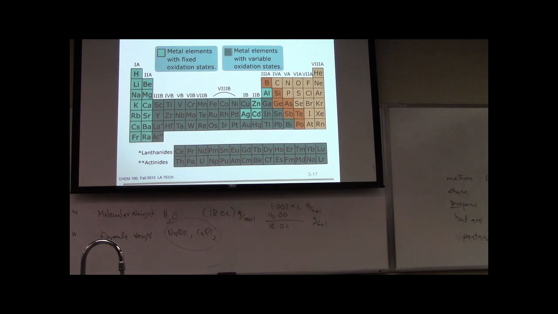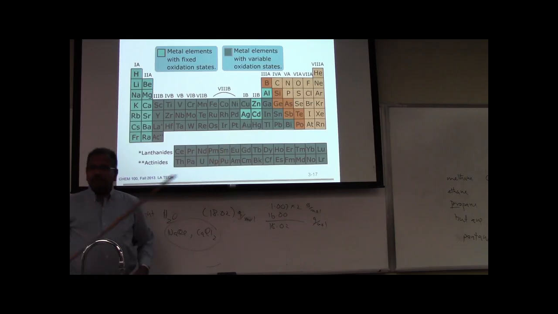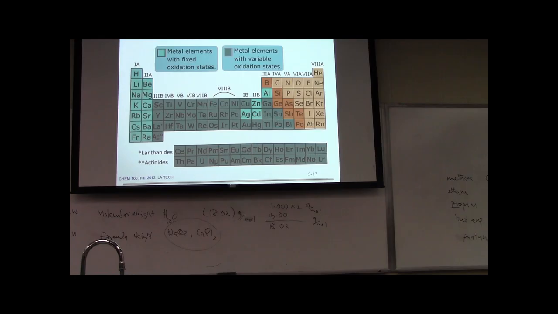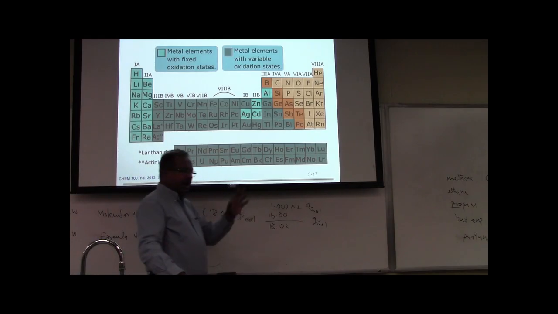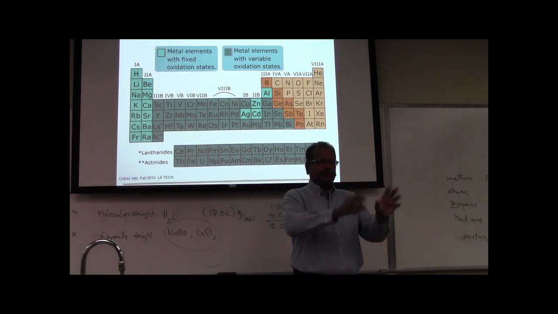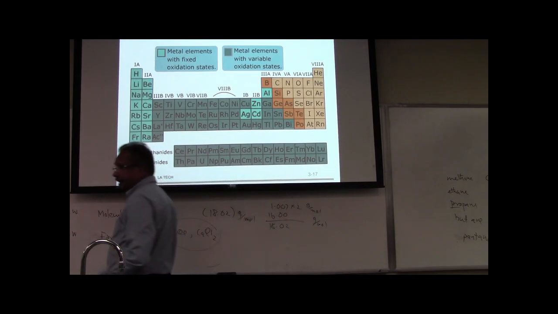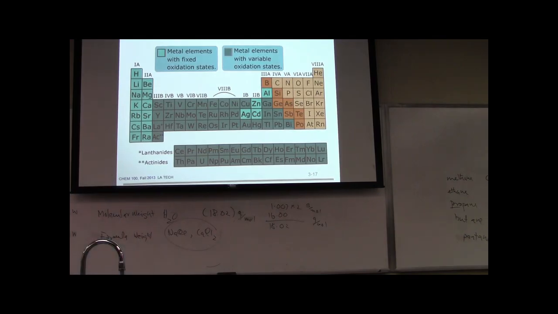But we call mercury 1 or 2. Mercury could be +1 or +2. Gold could be +1 or +3. So we need to know the charges, and you find the charge in the name. The Roman numeral in the name tells you what the charge is on the ion. But for type 1, you don't have to do that.